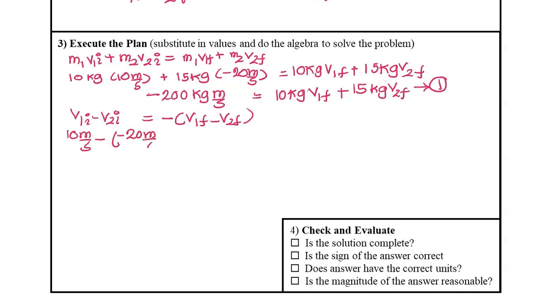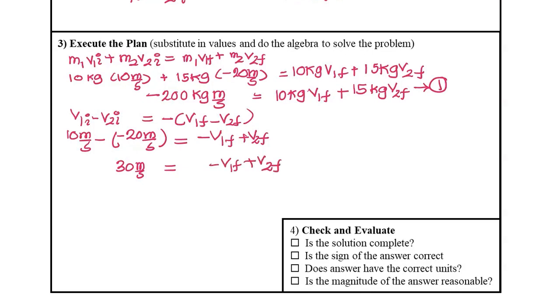So the initial velocity of the first object is 10 meters per second minus negative 20 meters per second, which is equal to 30 meters per second, and that is equal to negative V1 final plus V2 final.